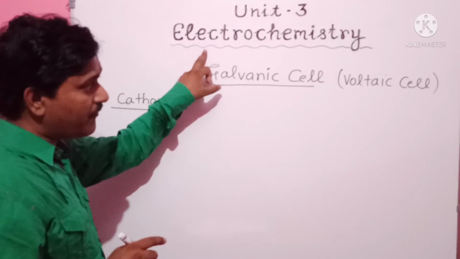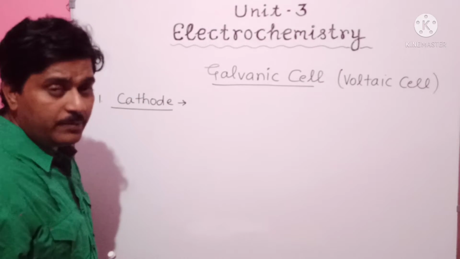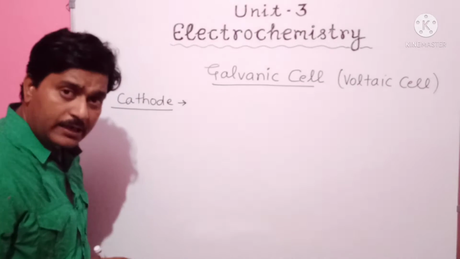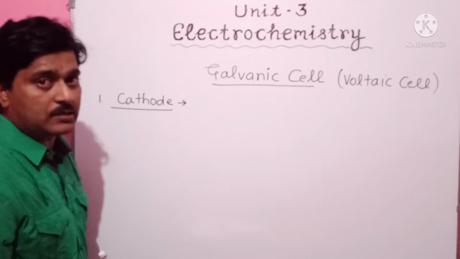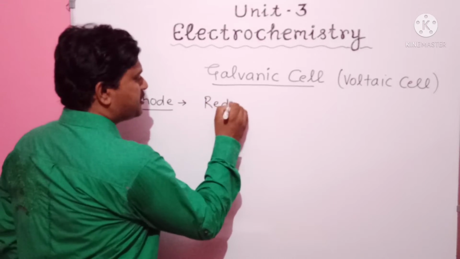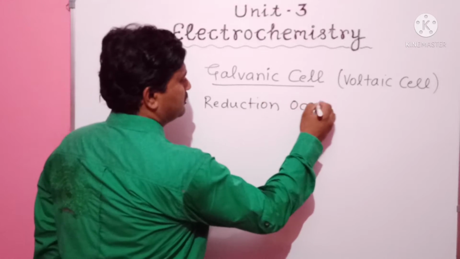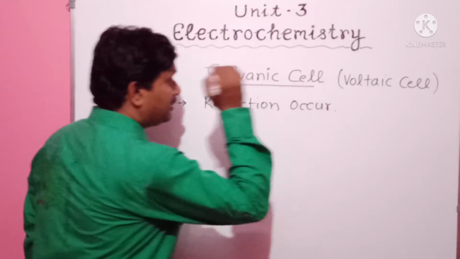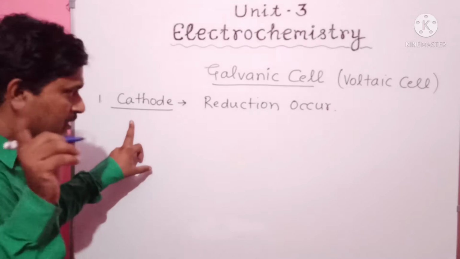In terms of a galvanic cell, the cathode is the electrode where reduction occurs. That electrode is said to be the cathode.